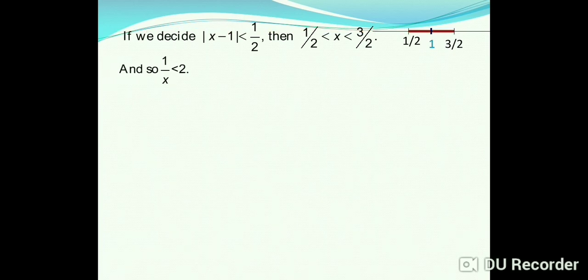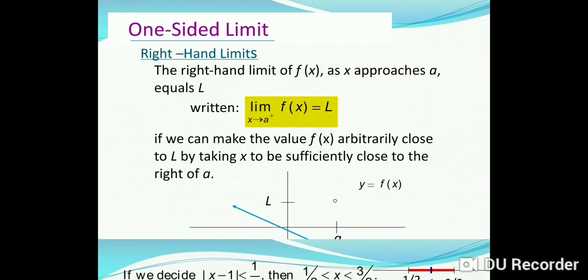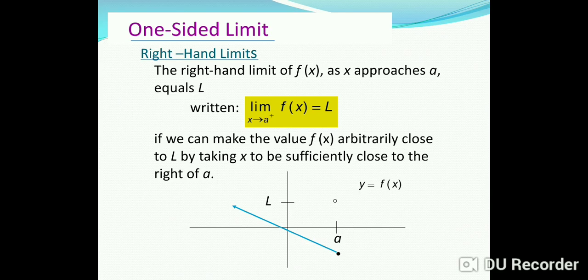This is shown by the red line, and so 1/x is less than 2. Thus |1/x minus 1| is equal to 1/x times |x minus 1|, which is less than 2|x minus 1|. Now we choose delta equal to the minimum of epsilon/3 and 1/2.